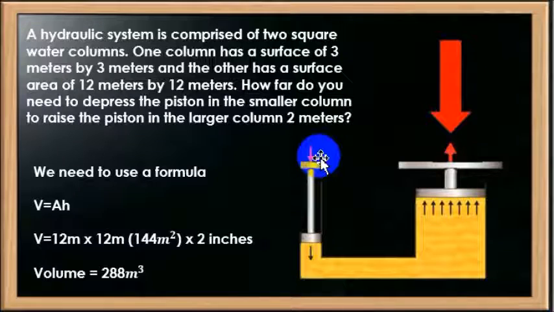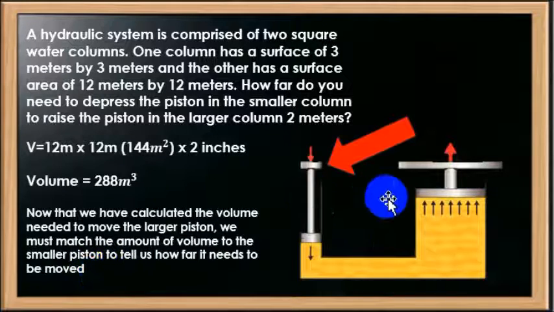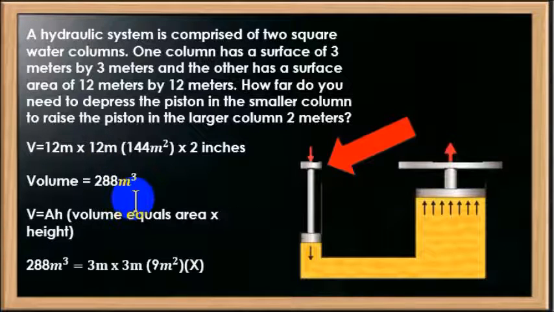Now we know that we have 9 square meters on this end, and so we just divide. Now that we have calculated the volume needed to move the larger piston, we must match that volume in the smaller piston, and this is going to tell us how far it needs to be moved. So we take 288 cubic meters. We know we have 3 times 3, which is 9 square meters, and x is our unknown.